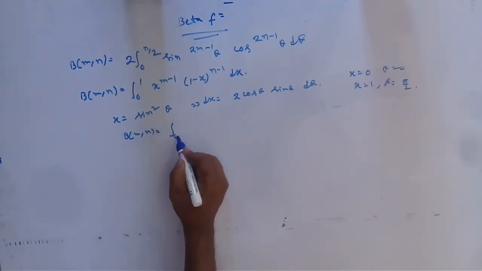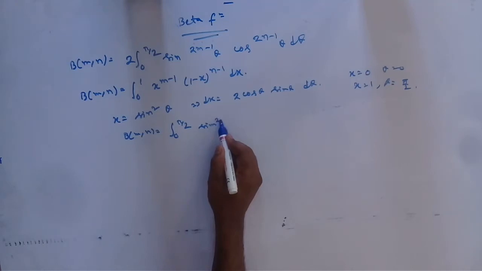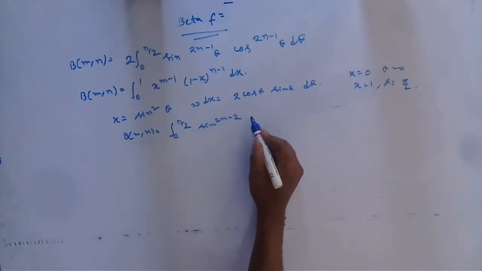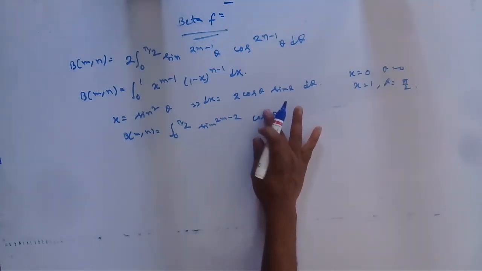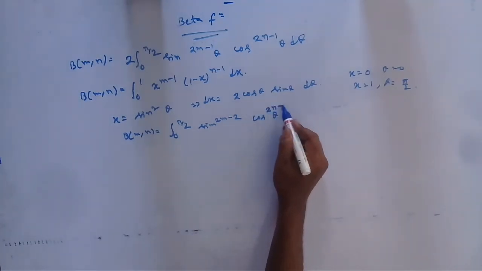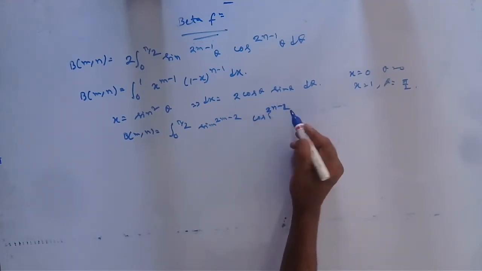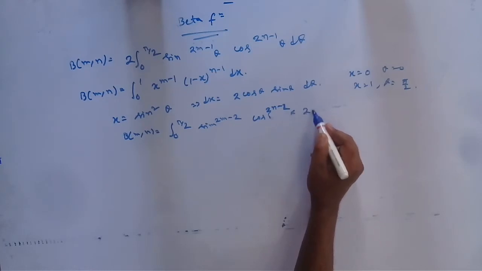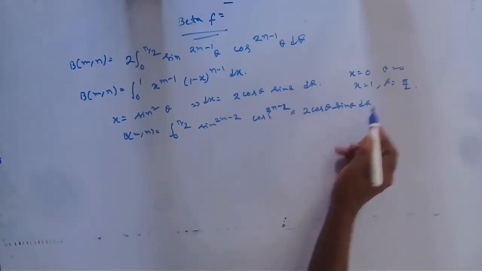So beta m,n equal to integration 0 to pi by 2, x to the power m minus 1 means sine to the power 2m minus 2, 1 minus sine square theta, that is cos square theta, to the power n minus 1, that is 2n minus 2 theta, dx equal to 2 cos theta sine theta d theta.